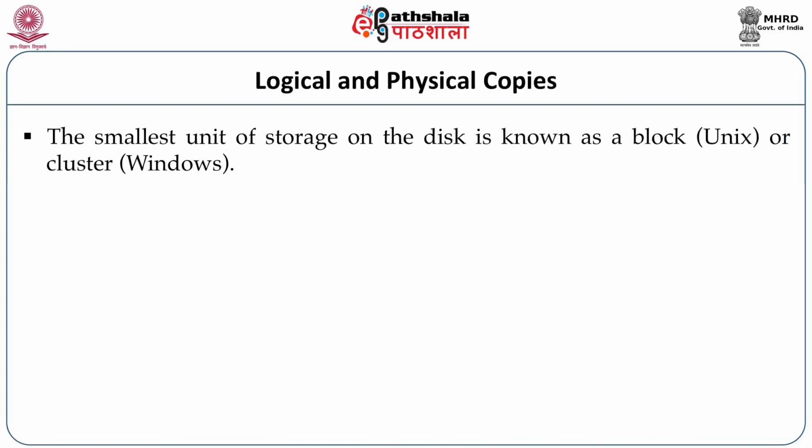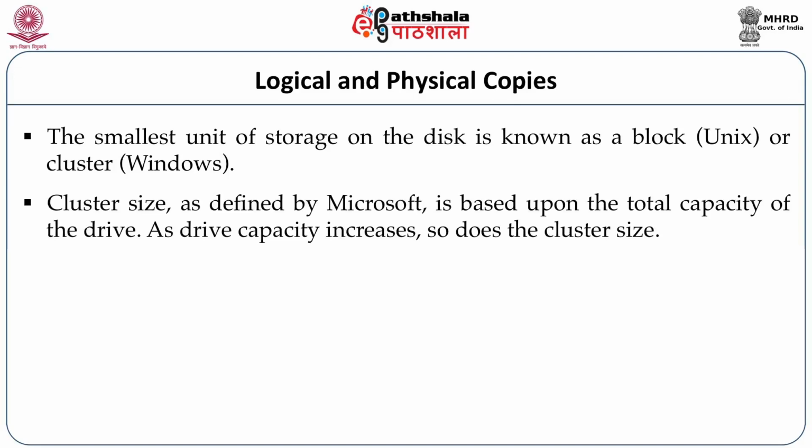What we wanted to do was create logical and physical copies. The smallest unit of storage on the disk is known as a block on a Unix machine or a cluster on a Windows machine. The cluster size as defined by Microsoft is usually based on the total capacity of the drive. As the drive capacity increases, so does the cluster size.